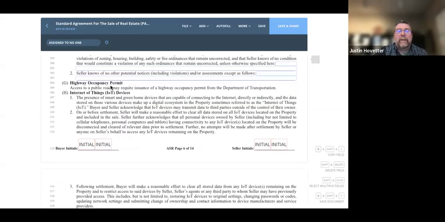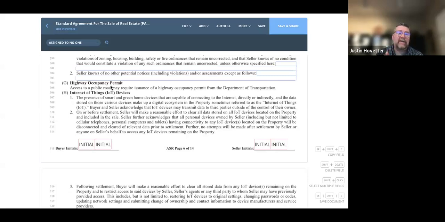Highway occupancy permits are not generally a concern for residential properties with pre-existing structures, because they probably got that highway occupancy permit when they bought it. This is going to be a concern for commercial properties with a change of use or vacant land that doesn't yet have a driveway on it.